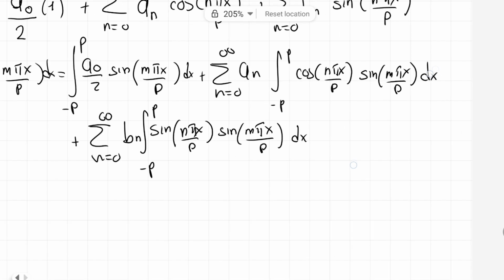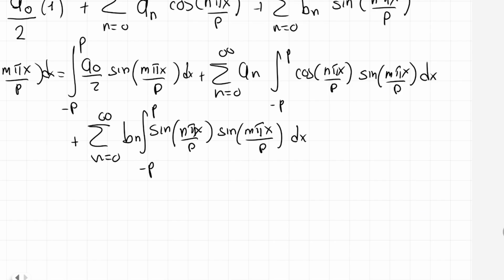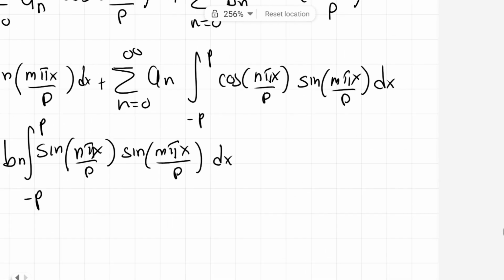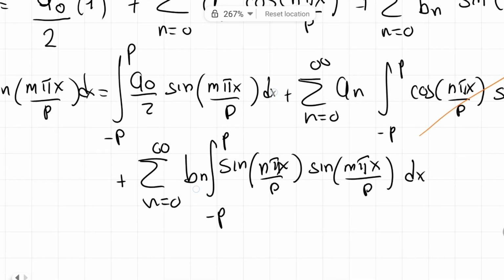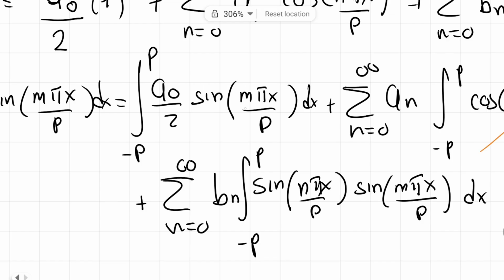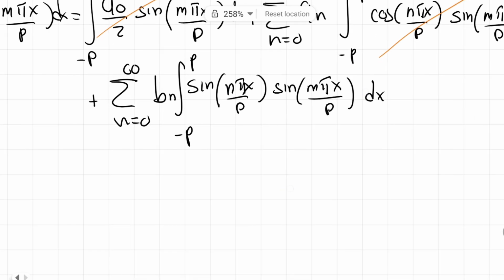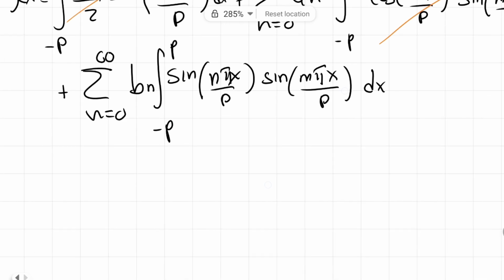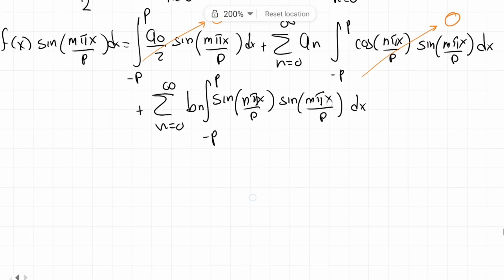So look that we have a very similar situation as we had before. Here we have the inner product between a cosine and a sine, so it doesn't matter the value of n and m, this is always going to be 0. Again, a constant with the sine, the inner product will be 0, and this inner product of sines will be equal to p just when n is equal to m.